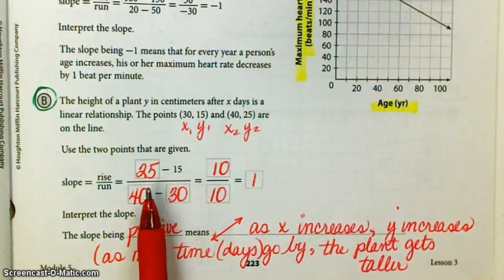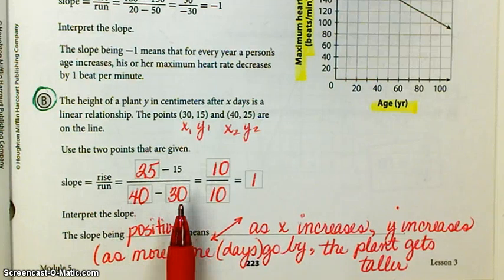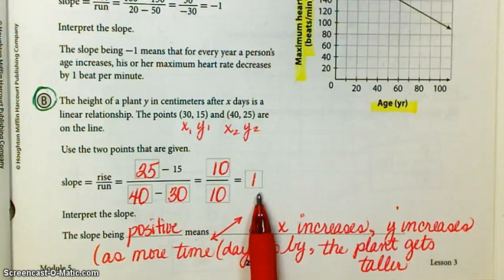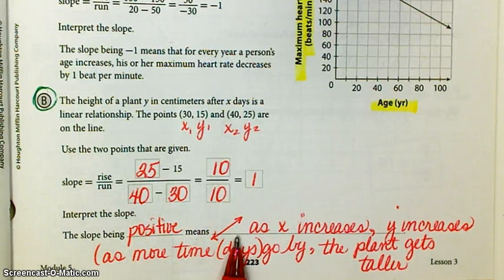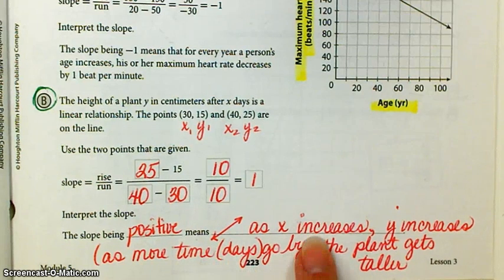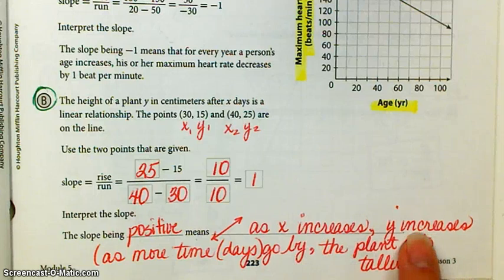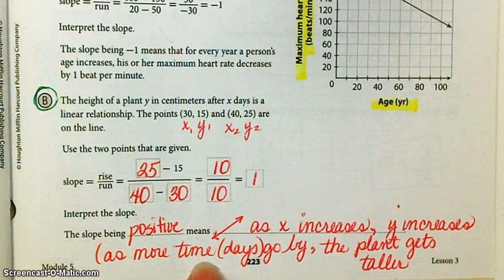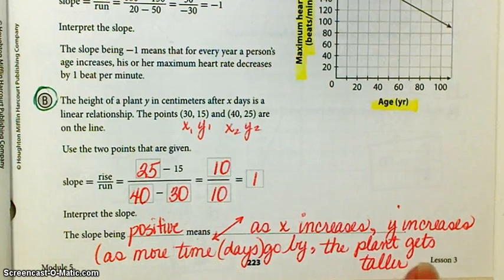So y2 minus y1 over x2 minus x1. You get 10 divided by 10, and that is a slope of 1. It's a positive slope because it is going up and to the right. In other words, as x increases, y also increases. So as more days go by, the plant is getting taller.